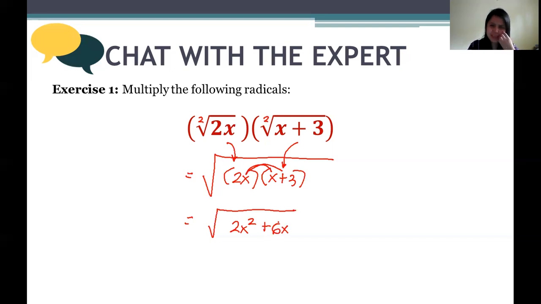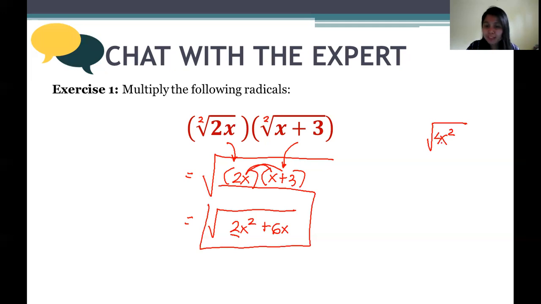Now, ma'am, can I simplify it like this one first and the one next? No, you can only simplify it if it's in one factor. So this is now our final answer. For example, to give an example, this one, 4x squared. The square root of 4 is 2.